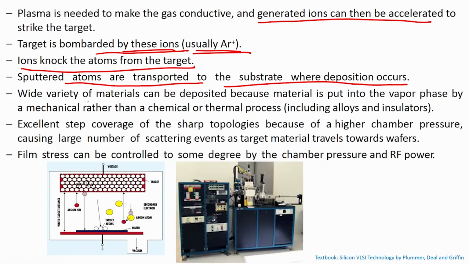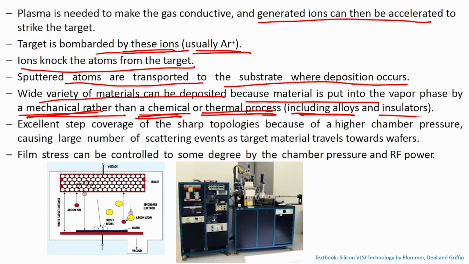A wide variety of materials can be deposited because material is put into the vapor phase by a mechanical rather than a chemical or thermal process, right. So, because you are dislodging mechanically, you can deposit a variety of metals, and we can also deposit alloys and insulators.